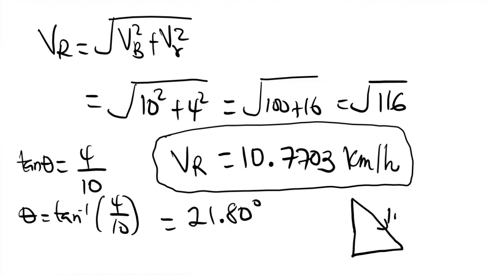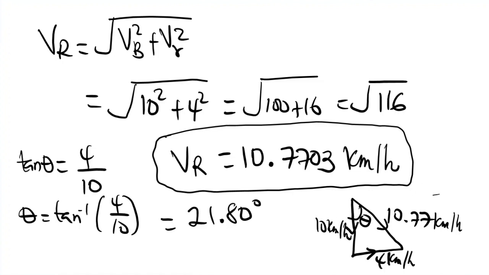So over here it will be moving 10.77 kilometers per hour. This one is 4 kilometers per hour. That's the river, and the river is flowing like this, and then this guy is moving down. What do we have? 10 kilometers per hour. And at the end of the day, we need this theta.